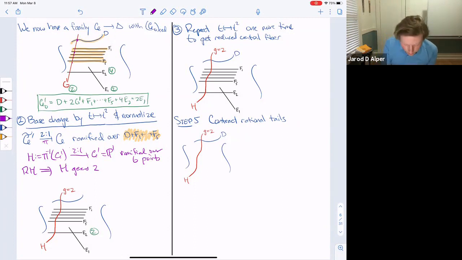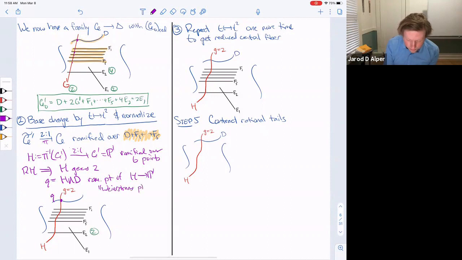And you also know that H intersect D, let's call this point Q, that's this intersection point, is a ramification point of the 2-to-1 cover. So some people call this a Weierstrass point. And so this decreases the multiplicities of everything except for E2 down, which is now 2.